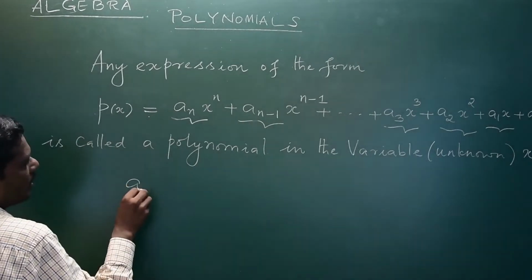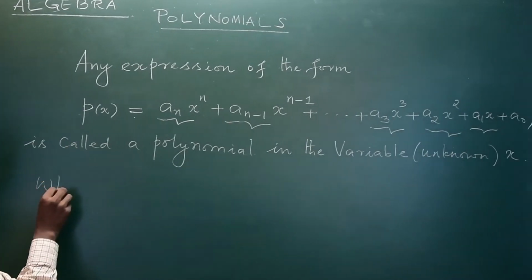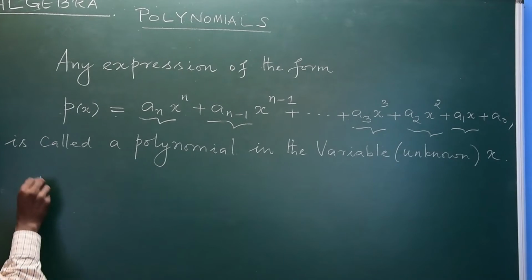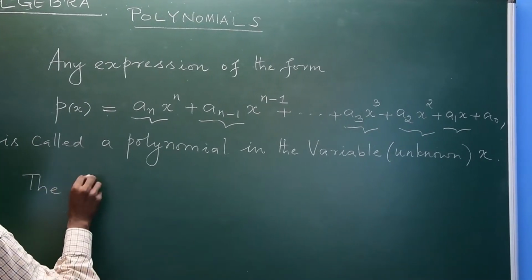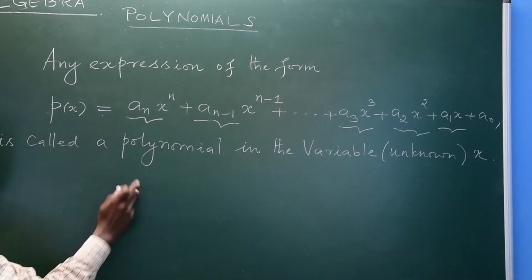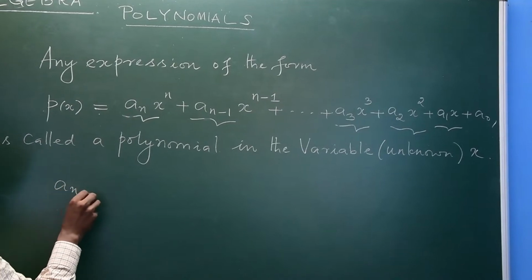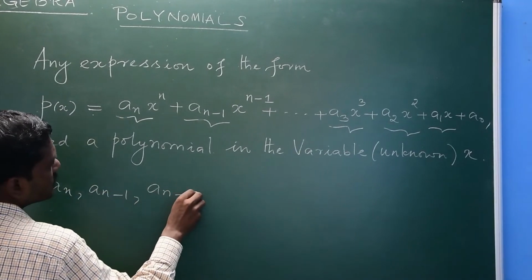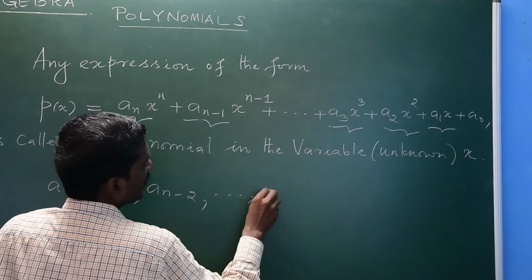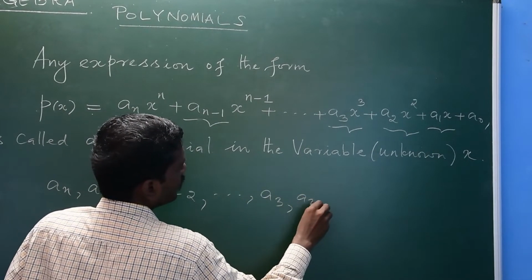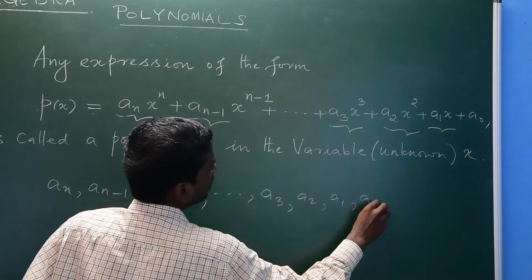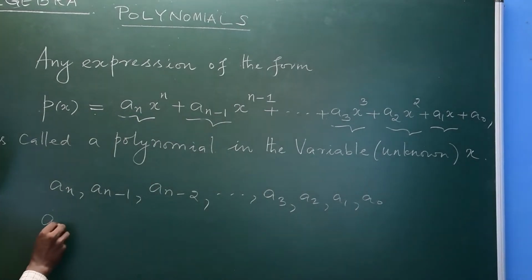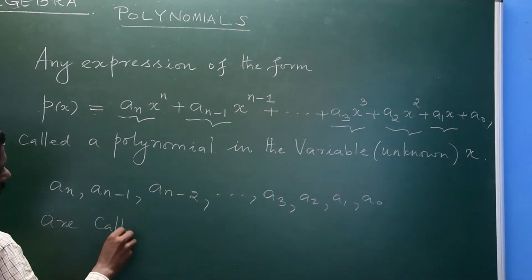The terms a_n, a_(n minus 1), a_(n minus 2) and so on, a3, a2, a1, a0, are all called coefficients.